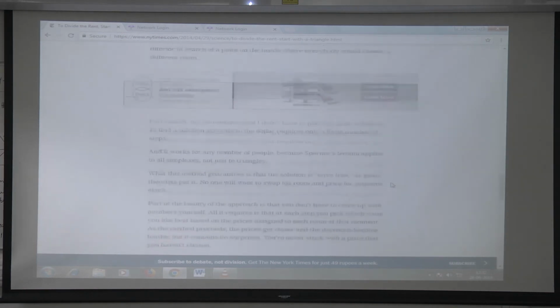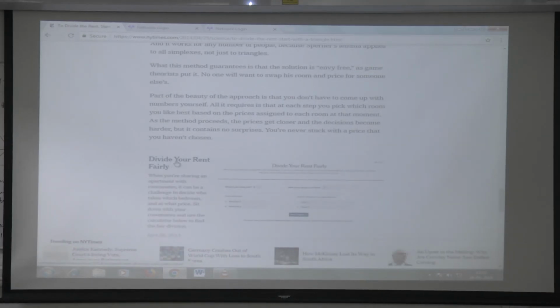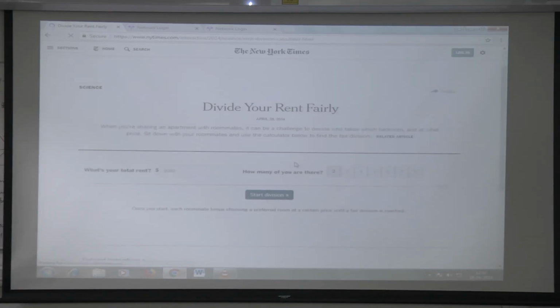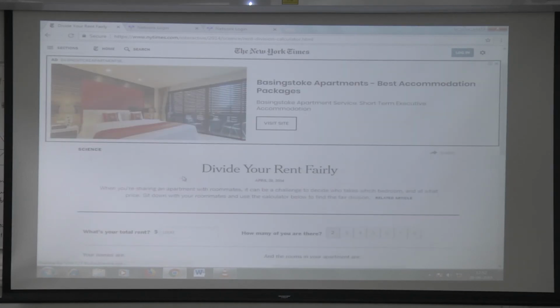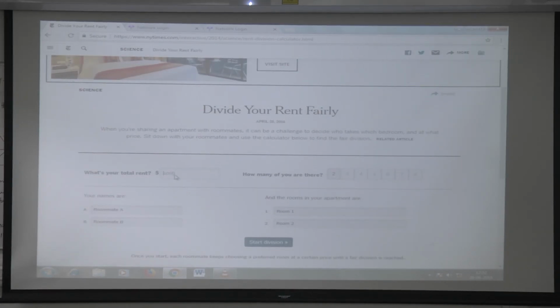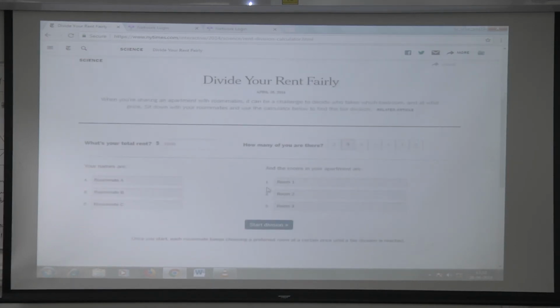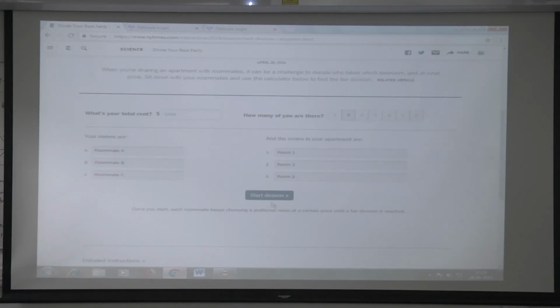So this was just a graphic, but they also have a rent division calculator. You put in the total rent, say $1,000. Say there's 3 friends, and their names are A, B, and C. Your rooms are 1, 2, and 3, and you start the division.